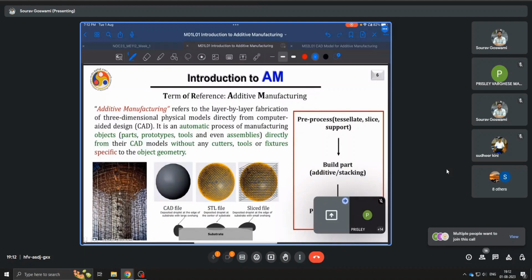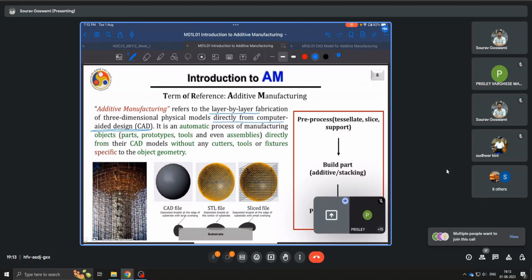Here we have a formal definition of additive manufacturing. Now, the key terms to look out for are, of course, layer by layer fabrication of three-dimensional physical models directly from a computer-aided design. This is necessary.